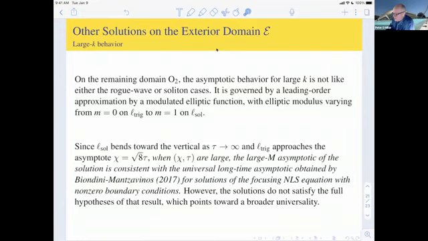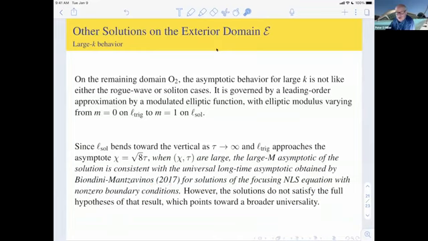Since L sol bends toward the vertical as tau goes to infinity and L trig approaches this linear asymptote, chi is √8 tau, one thing you can do is look at this asymptotic solution when chi and tau are large. So we're commuting limits here. I'm sorry, but I'm going to do it. If I commute the limits, then I find that the asymptotic solution is consistent with the universal long-time asymptotics that Gino Biondini and Dionysios Mantzavinos found in 2017.